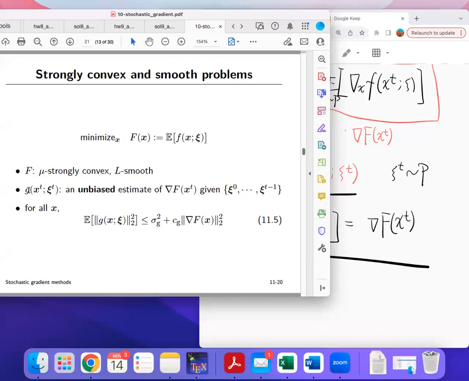And this stochastic gradient is an unbiased estimate of the full gradient. And then we require that the second moment of the stochastic gradient is bounded by the gradient. And this can be justified in many ways. So we will talk about this next time. Under this framework, we can have a very strong convergence guarantee for SGD.